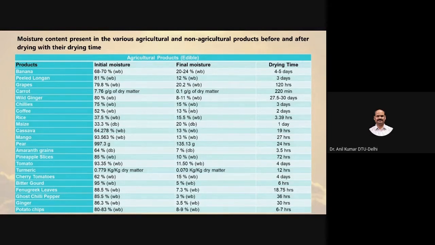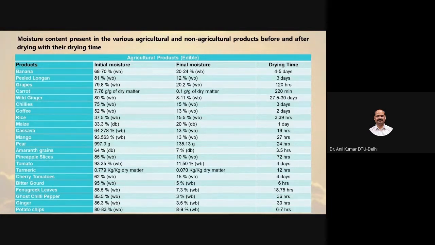But in fact we want to dry the product in the shortest time, which means we need a faster drying rate. Many crops and vegetables start to deteriorate after some time, so to avoid that we have to maintain a faster drying rate. At the same time, we cannot increase the temperature.